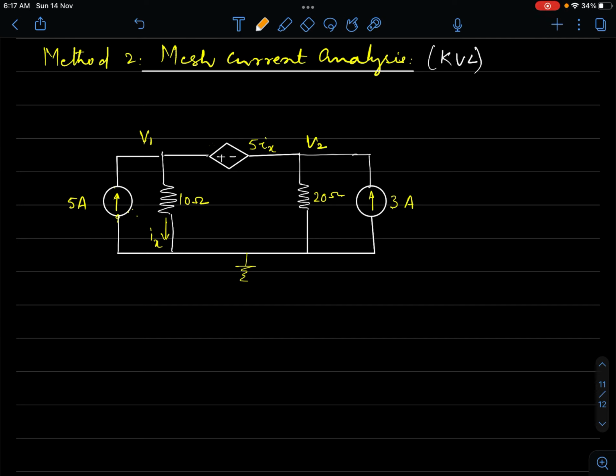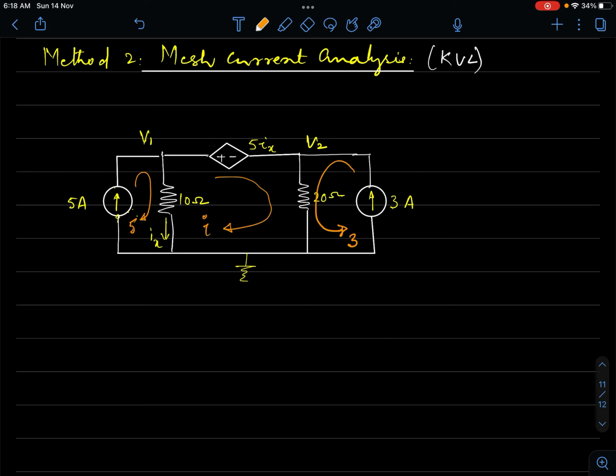So 5 ampere would circulate in this mesh, and I'm going as per the direction of the current source. It is a clockwise current, so I'm taking 5 to be clockwise. In the mesh having 3 ampere, a 3 ampere current would circulate, again as per the direction of the current source itself. Now in the third mesh, I will assume an unknown current of I amperes.